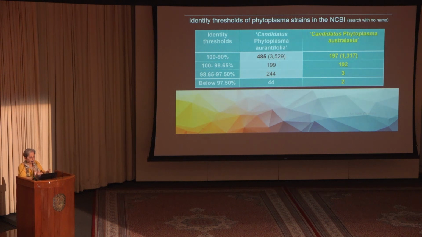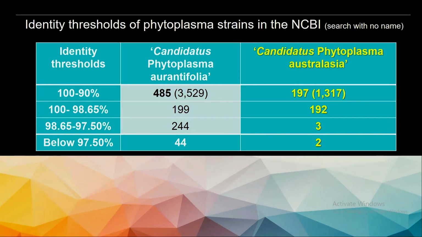It is a play, but you see that above 98.65, we have for aurantifolia a number of appropriate sequences, but there are almost 300 that are below threshold, also below the old threshold. For australasia, the situation is not so crowded, but still we have something that is not fitting the rule, generally speaking. You can read all the numbers in the abstract book. I will not repeat now.